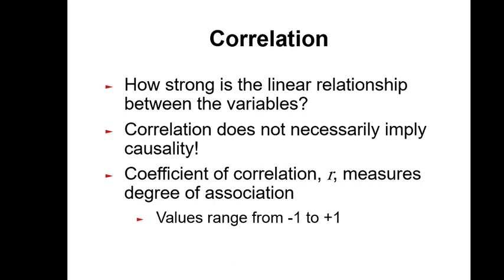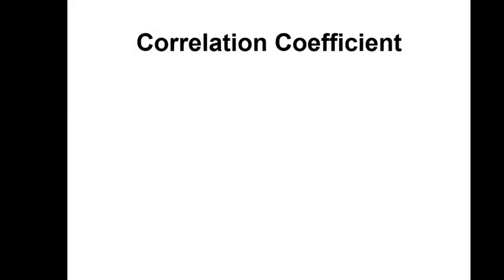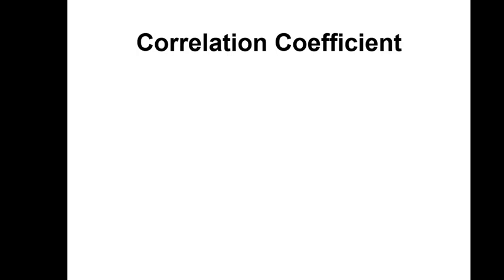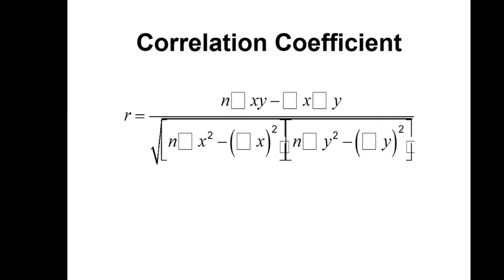The coefficient of correlation R always ranges from -1 to 1. It means that R is always greater than or equal to -1, and less than or equal to 1. So if we apply the correlation coefficient also to our example, let's go back to the equation. This is the formula of R, how to calculate R.